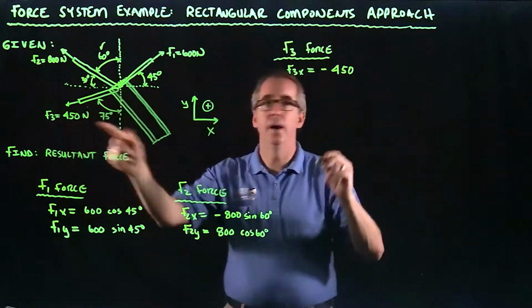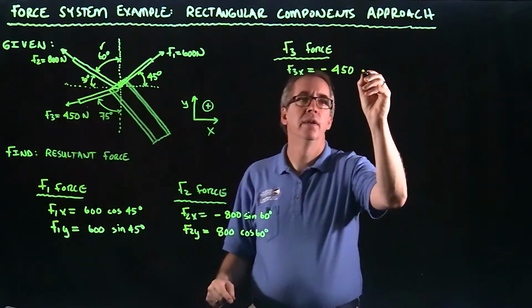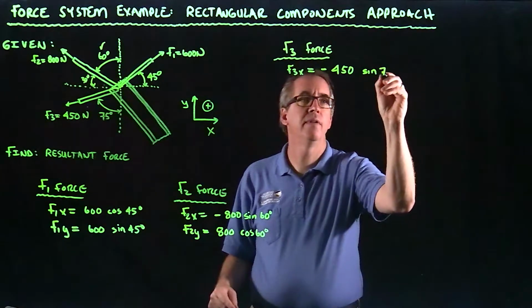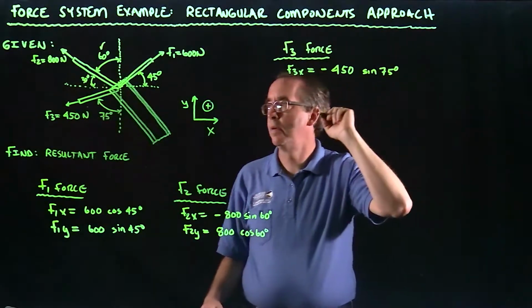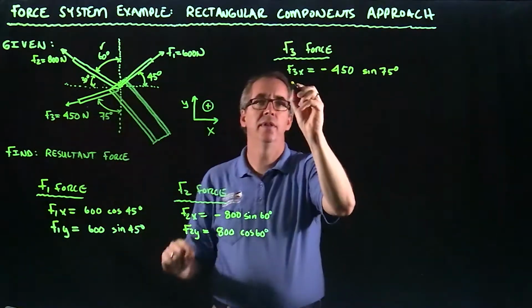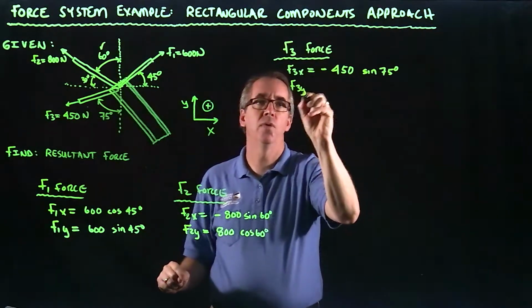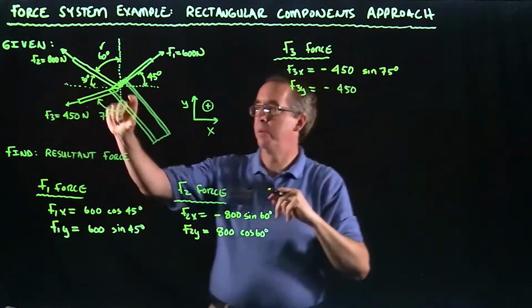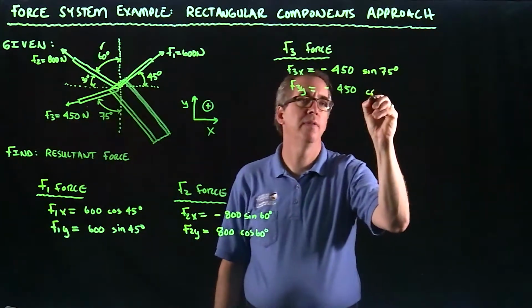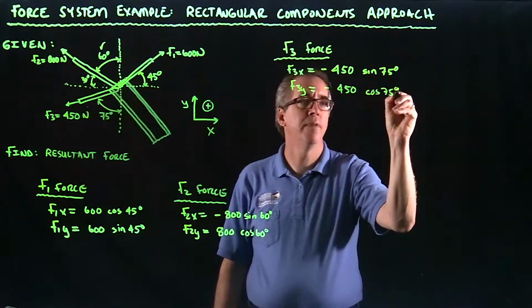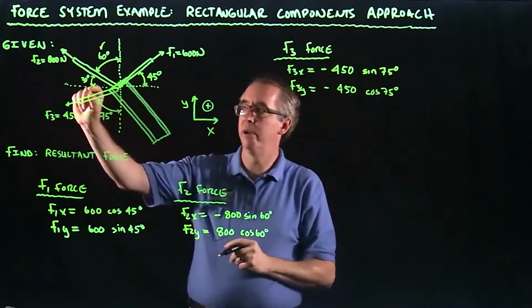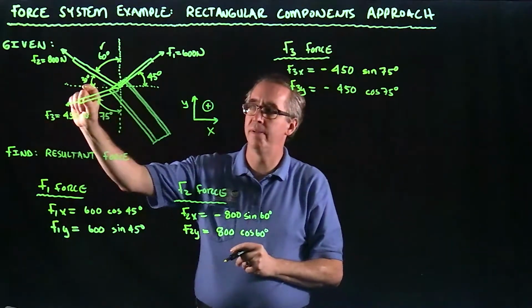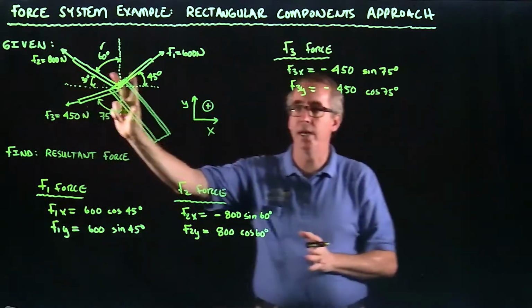So I have minus 450 times the sine of 75 degrees. Okay. The y direction of that force is also negative. It's 450, and this would be the cosine of 75 degrees. And again, if you'd rather, you could write down what this angle here is, 15, right? It'd be 90 minus 75, and you could write everything in terms of 15.